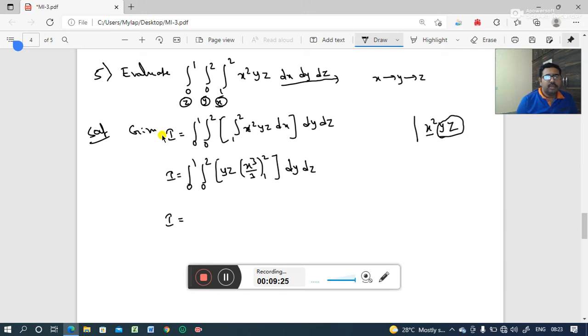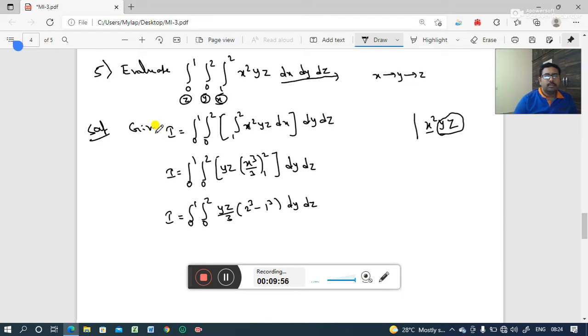In the next step, I is equal to integral 0 to 1, integral 0 to 2, yz by 3 is constant. In place of x cube, if you use the upper and lower limits, first of all let us use the upper limit 2 in place of x. It gives 2 cube minus the lower limit 1, so 1 we are writing as 1 cube into dy into dz. So let's simplify this.